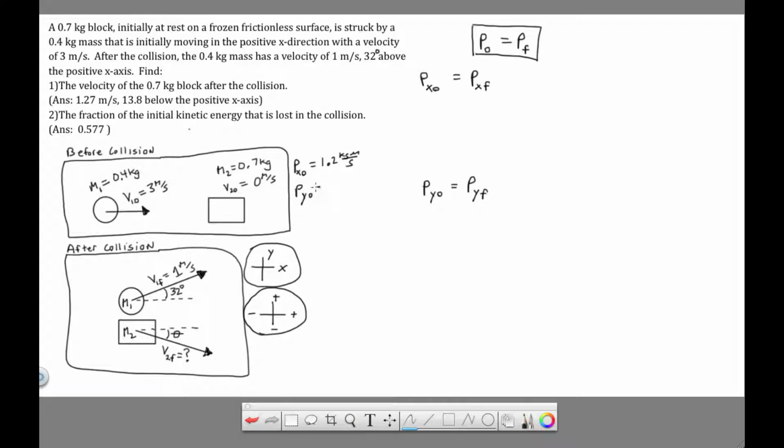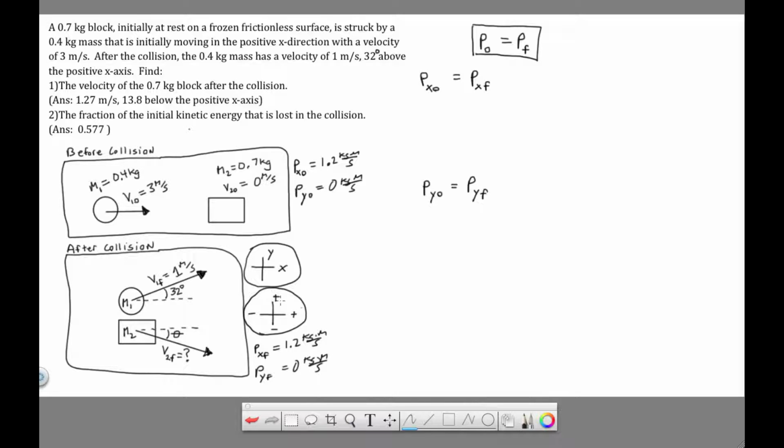And our initial y momentum is 0. There is no y momentum before the collision. So these values have to be the same after the collision. Our momentum x final needs to be 1.2 kilogram meter per second. Momentum y final needs to be 0 kilogram meter per second.